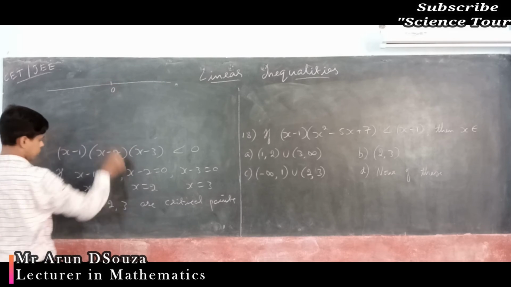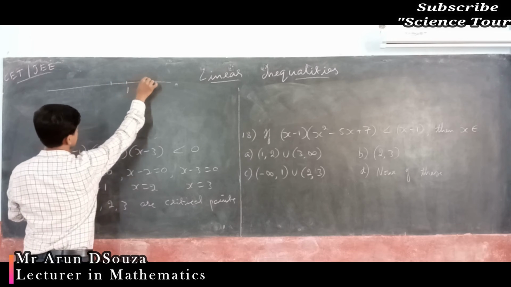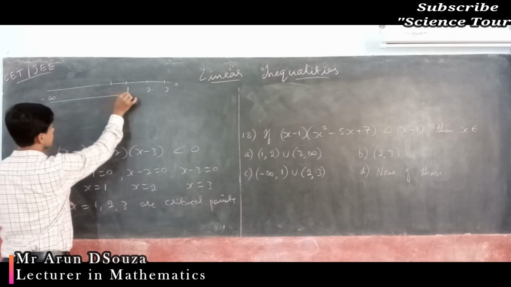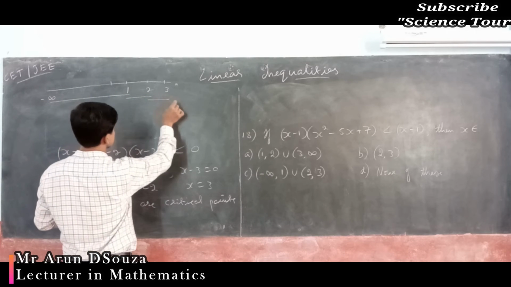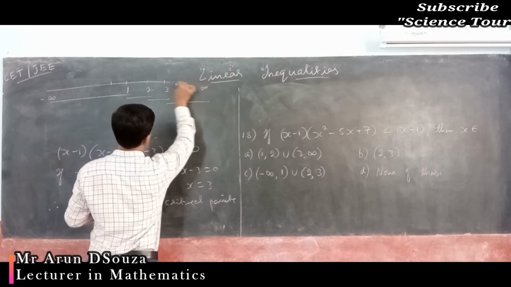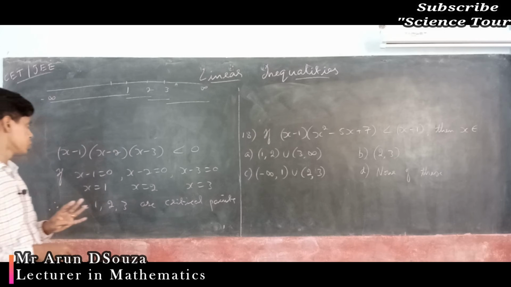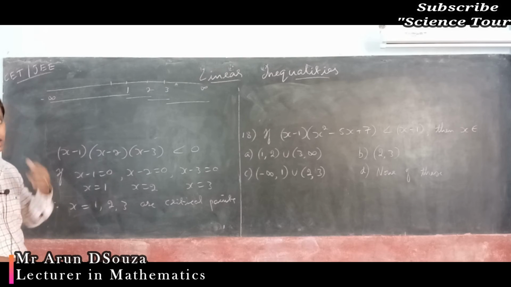So you have got 0. So 0 is not a point. So 1, and then you have 2, and then you have 3. So minus infinity to 1 is the first interval, 1 to 2 is the second, 2 to 3 is the third, and 3 to infinity is the fourth. So totally 4 intervals you are getting here.